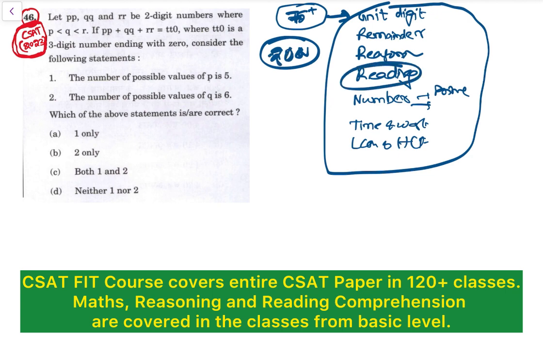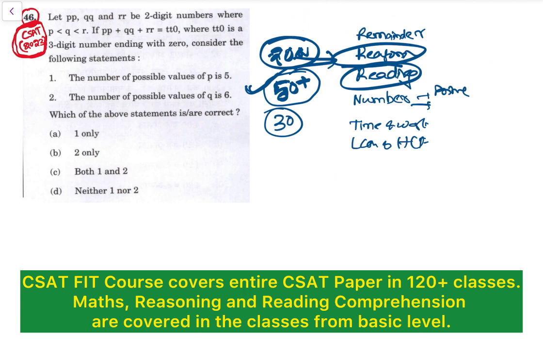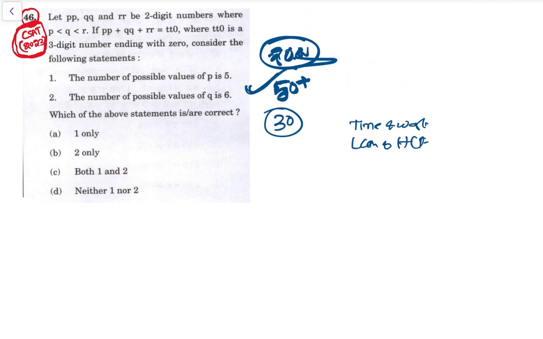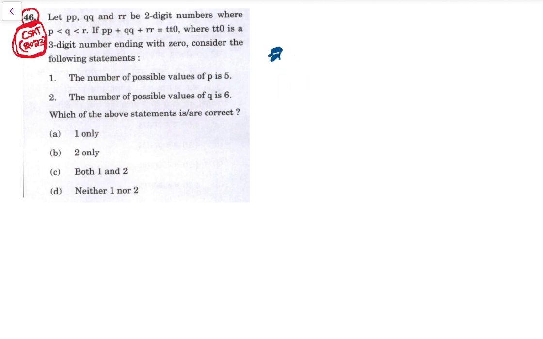Then you will target reading comprehension and reasoning questions. In total you have to do 50 plus questions, and the rest of the 30 you can leave comfortably. We need to practice for these 50 questions. So let's see this question and solve it, but in the exam we won't attempt such questions.